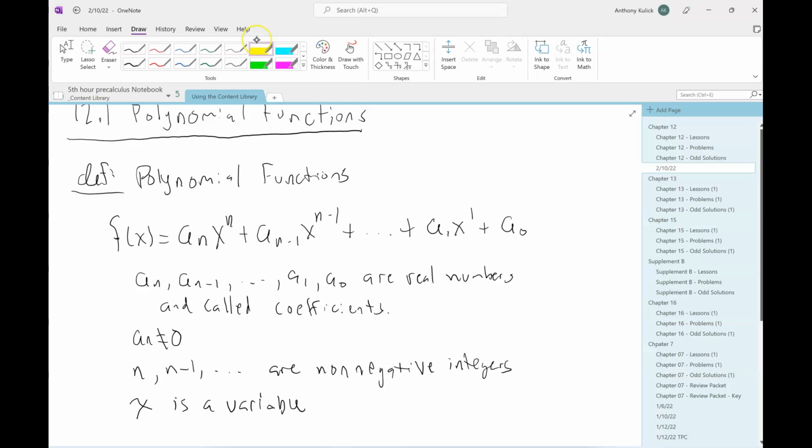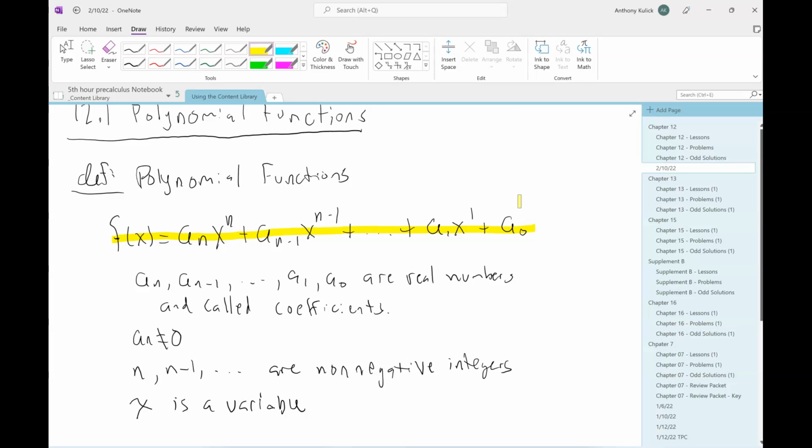So a polynomial function is something of the form f of x equals a sub n, x to the n plus a sub n minus 1, x to the n minus 1, and so on, all the way down to a sub 1, x to the first plus a sub 0. The a's there are called the coefficients. Those a's have to be real numbers.